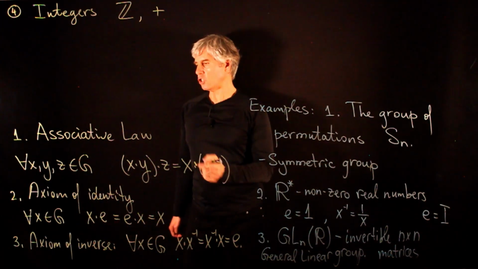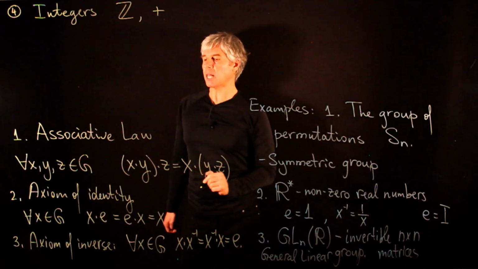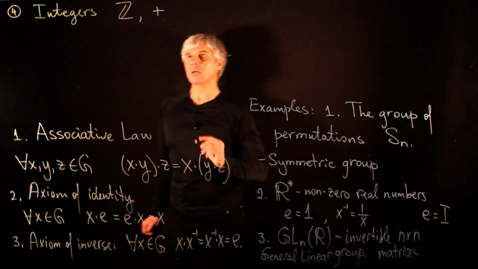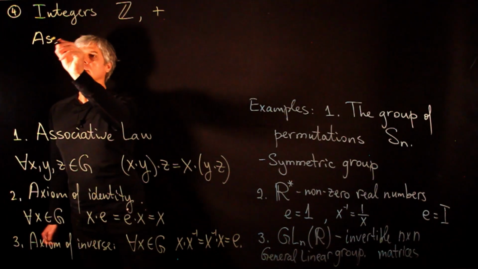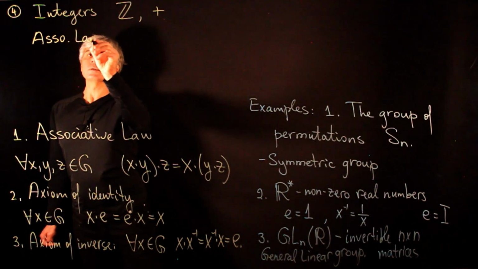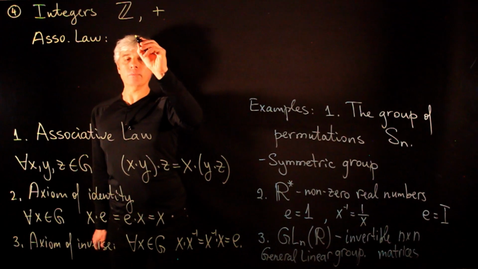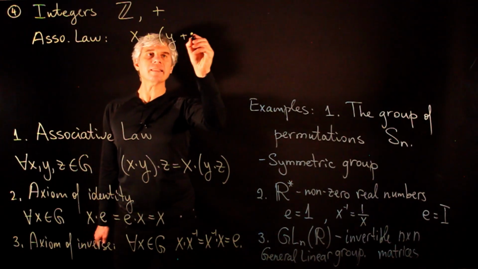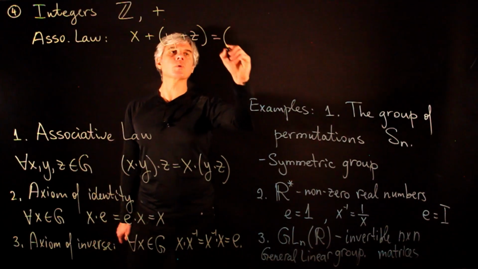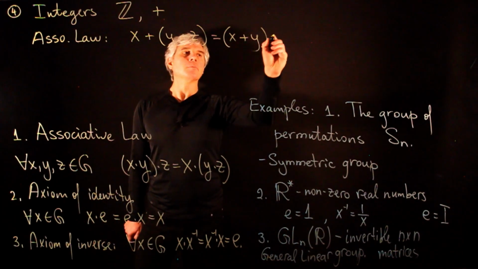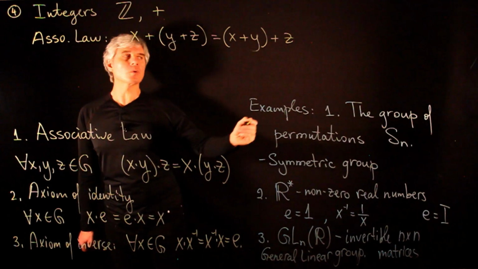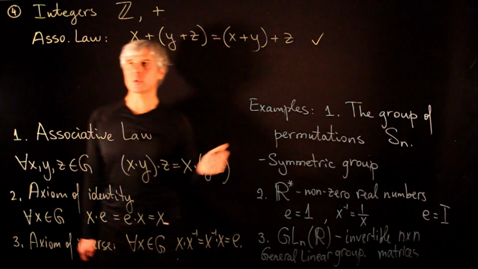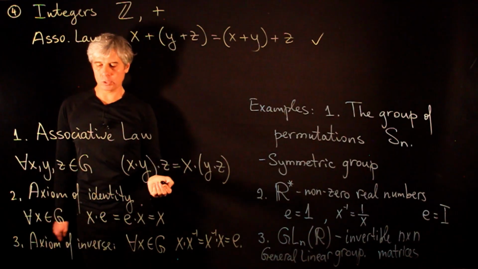So let us check the axioms if we use plus as our group operation. The associative law will read as follows: (x + y) + z is equal to x + (y + z). And we certainly know that this law holds for addition of integers.